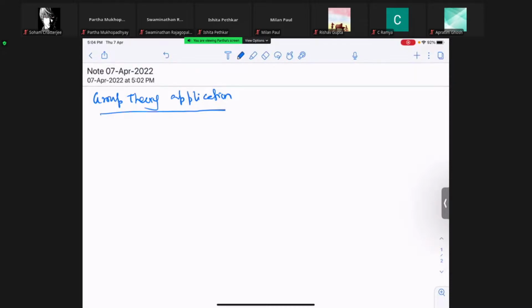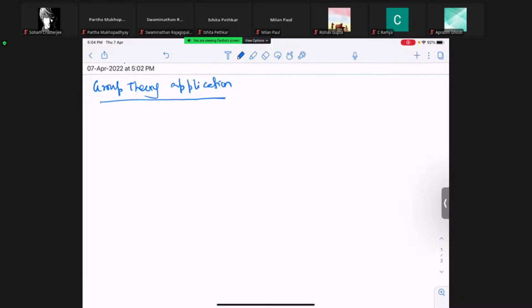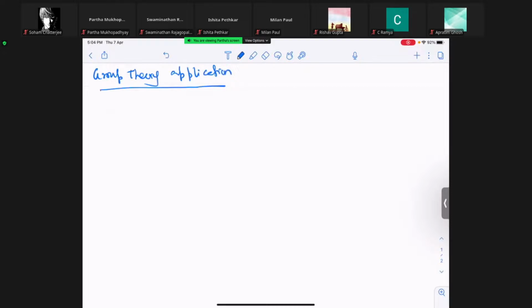So what I'll do is quickly brush up some very basic group theory. You have done much more in the math class, but since I do not know the background of all the people, I'll just quickly brush up groups. And our goal will be to see some combinatorial application using group theory.